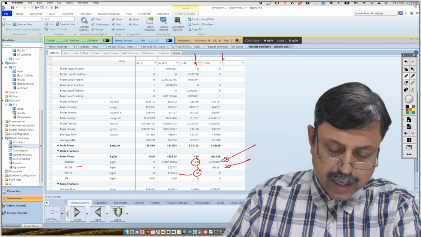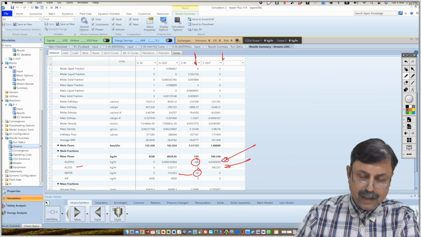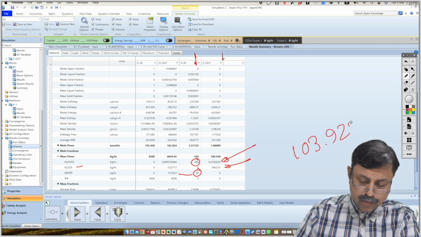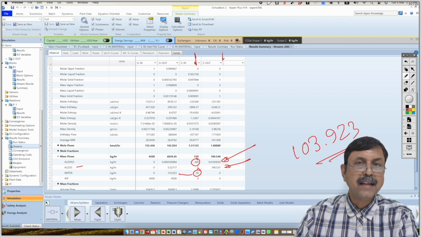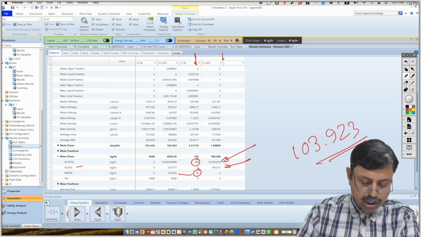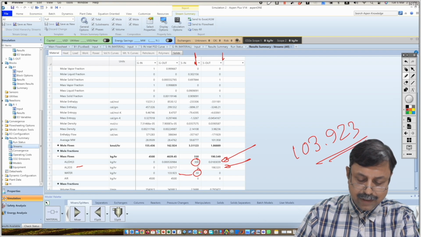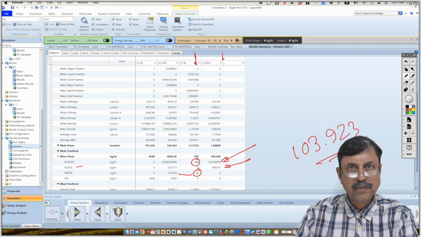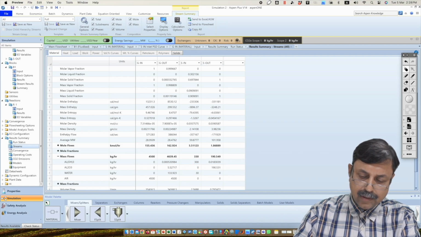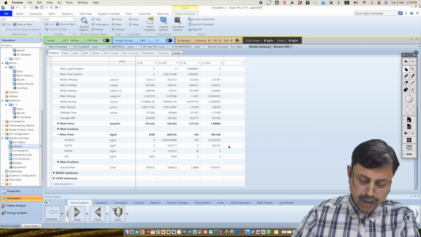But now we are getting 133 kg. That means 103.923 kg per hour of water is coming out as a result of thermal decomposition of aluminium hydroxide, and that is being taken away by the gas output. Okay, so that is our inference.